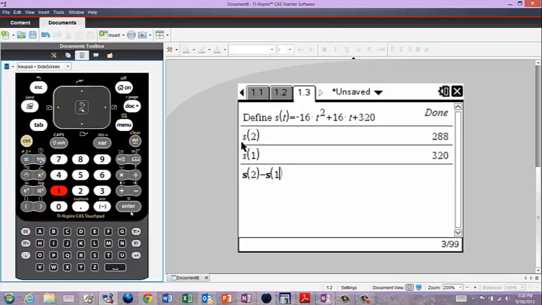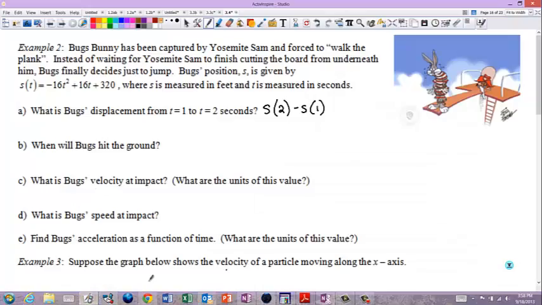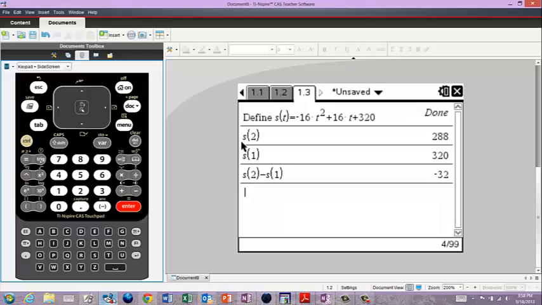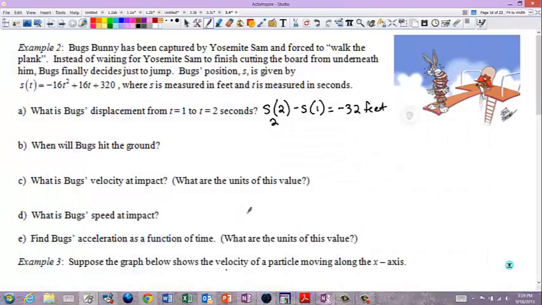His displacement, S of 2 minus S of 1, is negative 32, and that's feet. When I find S of 2, I'm finding his position at 2 seconds, which was 288 feet.